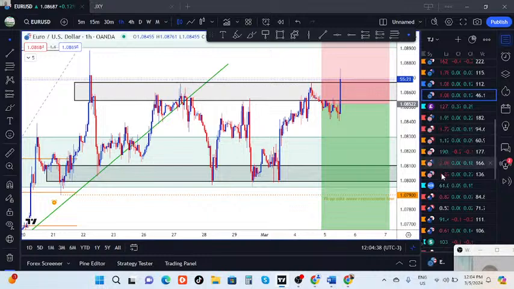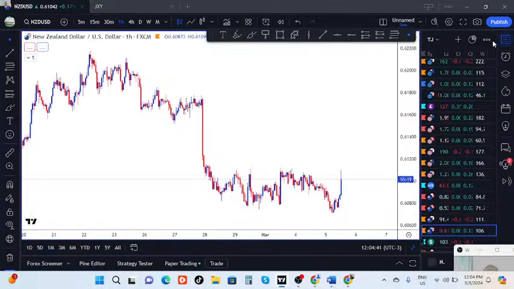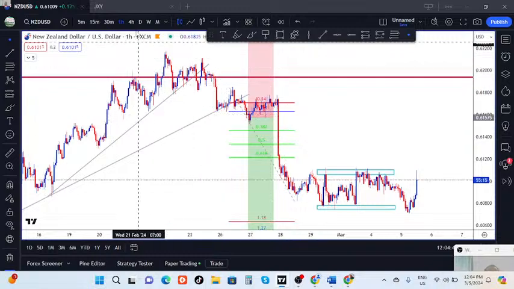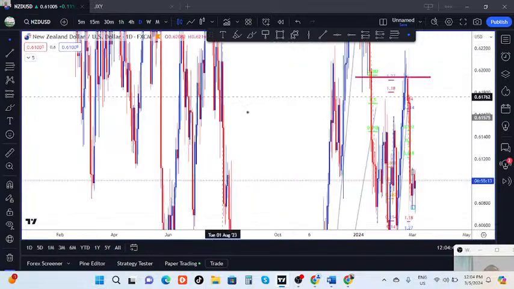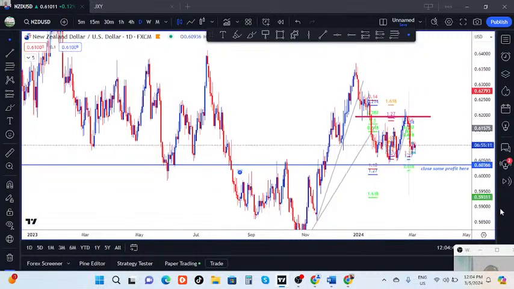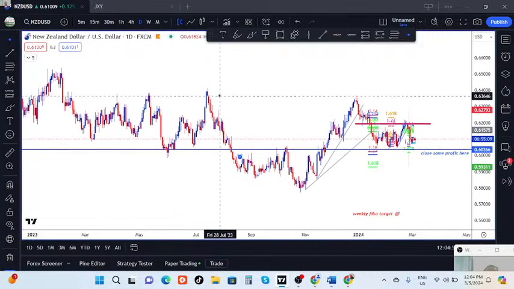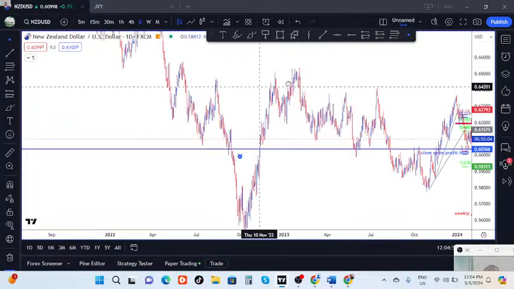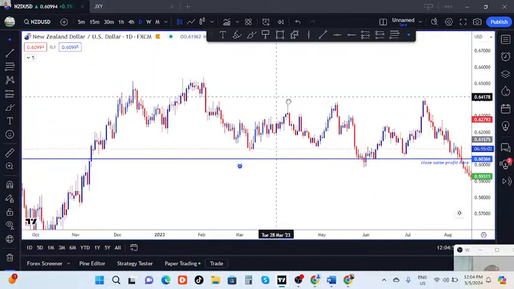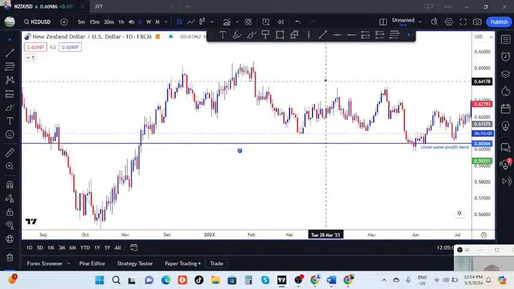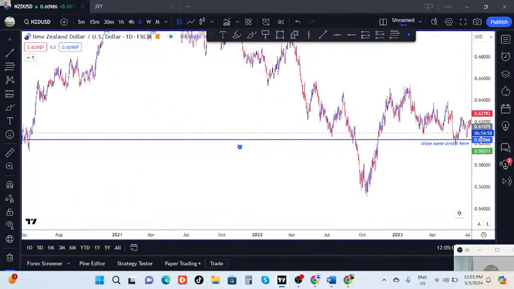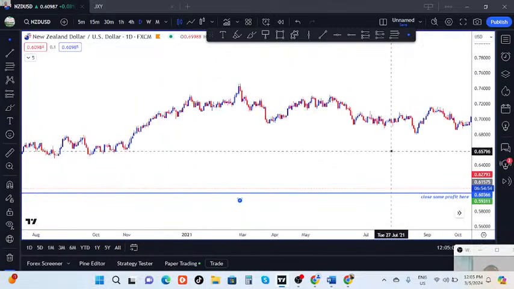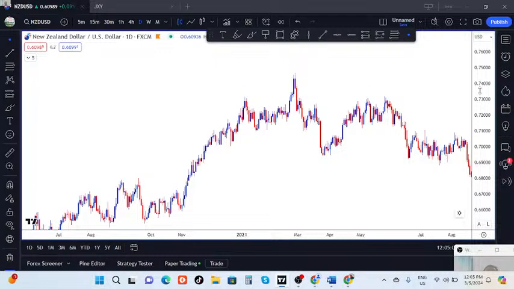Where is that NZD USD? Okay, daily chart right here. This is the daily chart. So we are looking at this area, right? This is the scenario we are talking about right here.